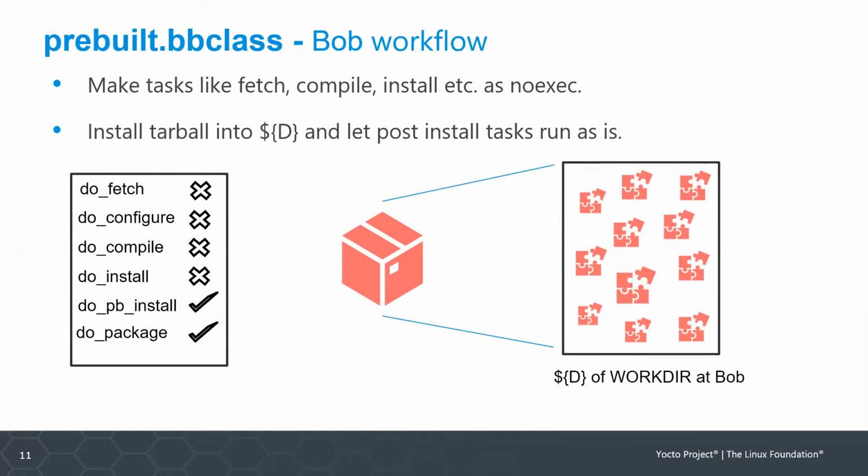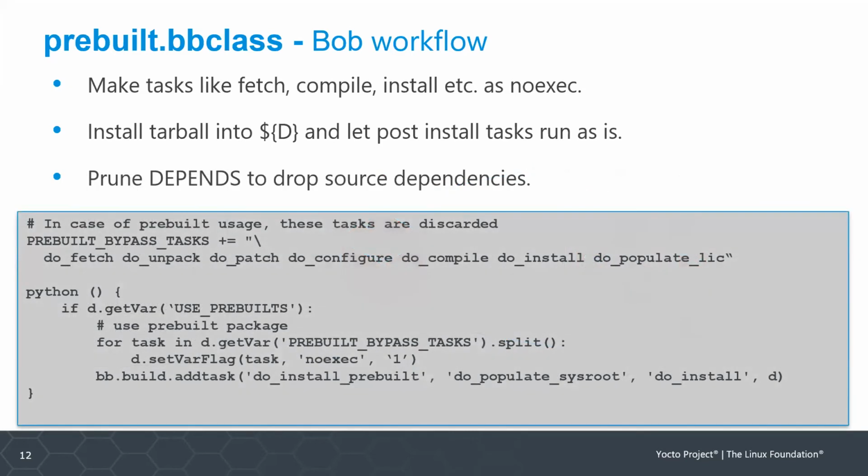As it was shown here, the tarball gets installed into the deploy directory. So here is a sample implementation. A variable called pre-built bypass task is defined.